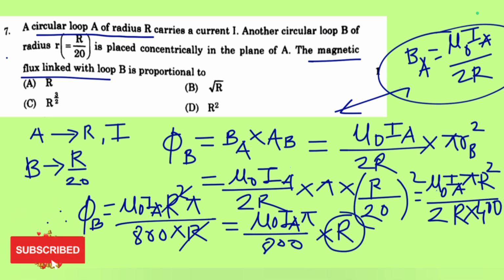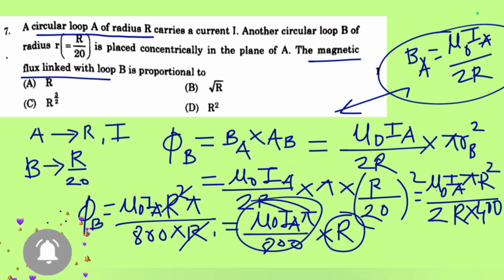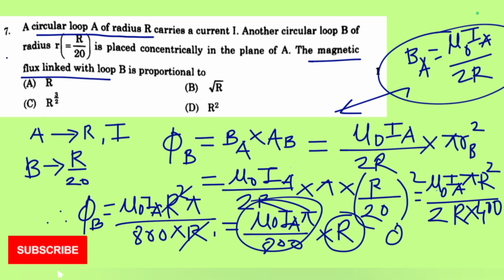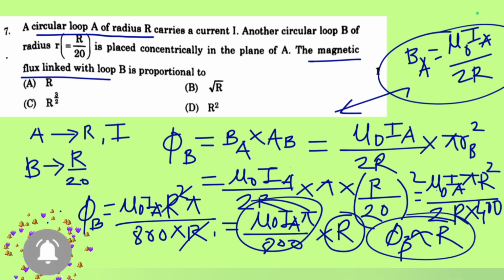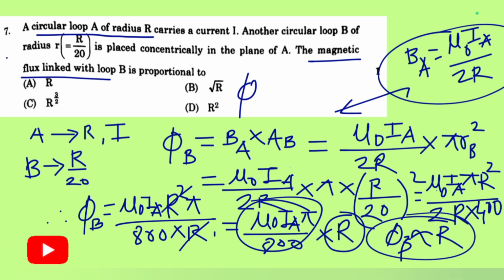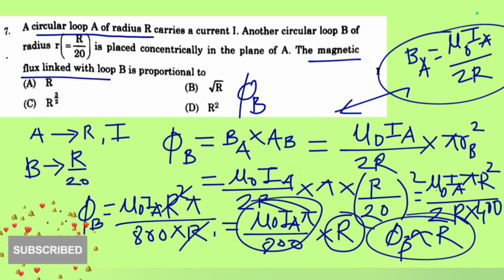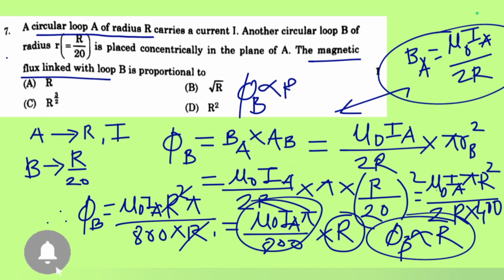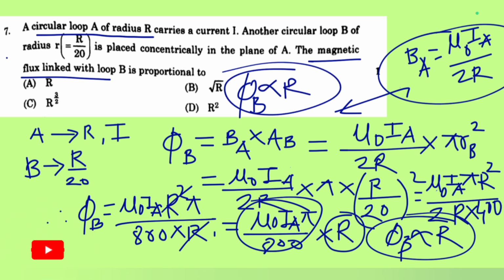One r will be remaining. Yes or no? Yes. All these other quantities are constant, so can I say the magnetic flux is proportional to r? The magnetic flux linked with coil B is proportional to r. So my answer should be the first option, that is r. Fine.